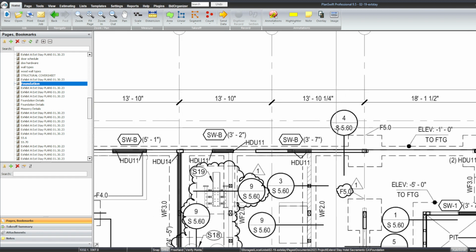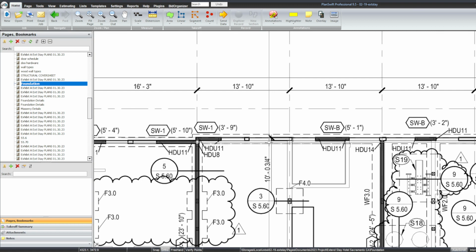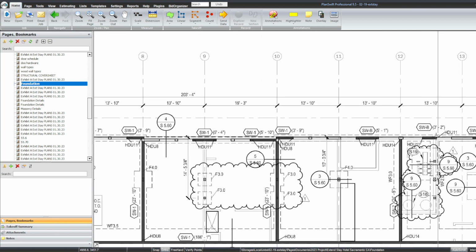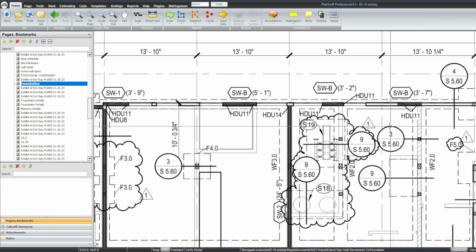So it appears this continuous footer, this length is 4/S5.6, that full length. Okay, so we know in terms of the construction of the continuous footers, how they're built, based on what they're giving us.